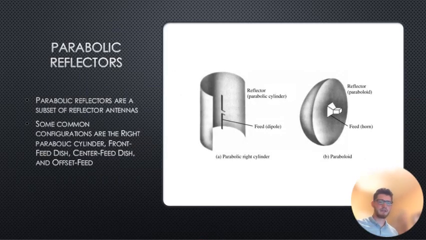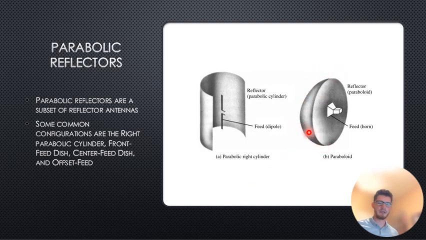So within reflective antennas, I decided to focus on the parabolic reflector. And even within the category of parabolic reflectors, there are several subsets of different designs. And even within those designs, there are different types of feed mechanisms, like I mentioned earlier. The parabolic reflector, as you can see, uses a parabolic geometrical shape.